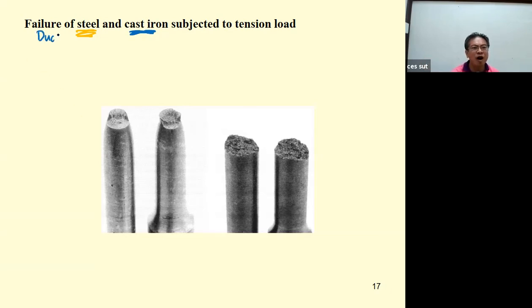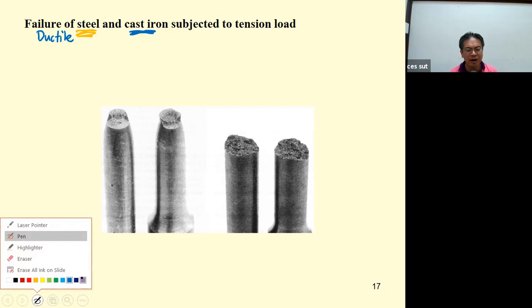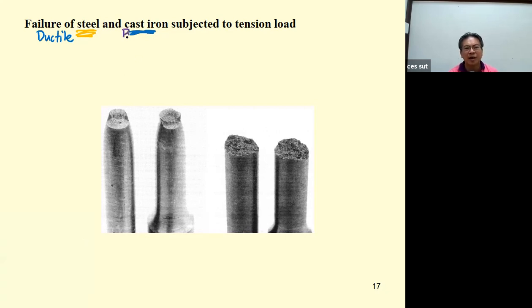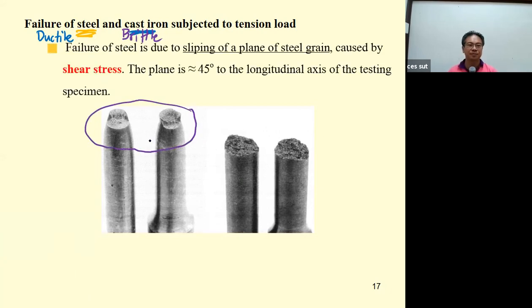Steel can deform a lot before its failure, but the brittle material, like cast iron, can deform very little before failure. However, the failure of the steel is in the form of necking. So what happened here? In the tension test of the steel, the necking occurs.